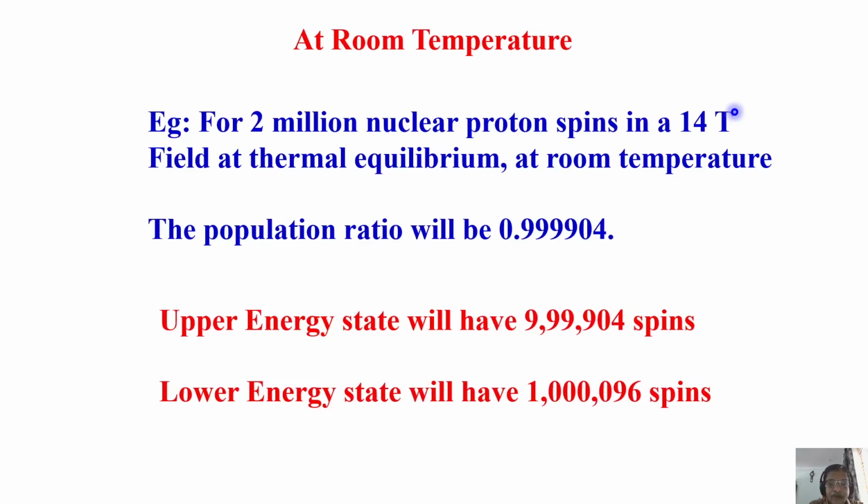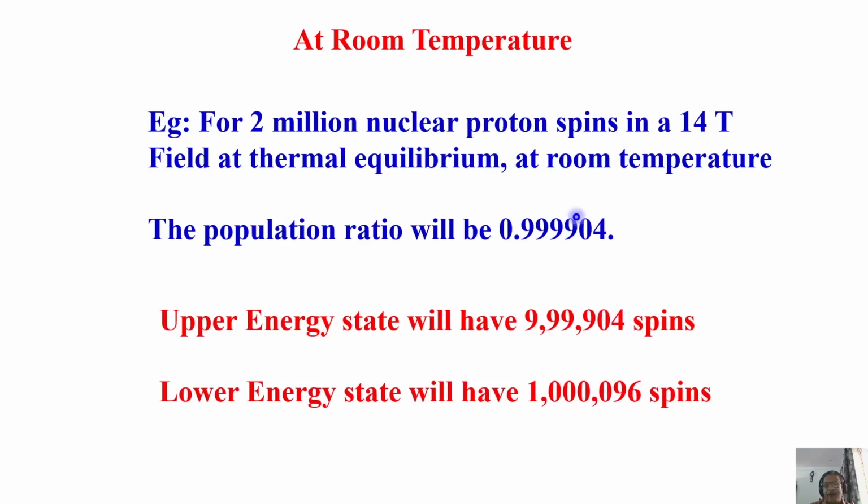If I do that, it turns out that the population ratio is this much. That we already worked out. So how many spins are there in the upper energy state? How many are there in the lower energy state? You can find out. Of course, I made a rough calculation: approximately, I worked out the number of spins in the upper energy state and in the lower energy state, and the difference.